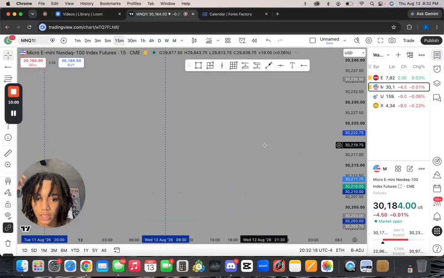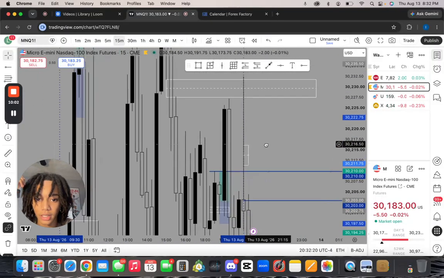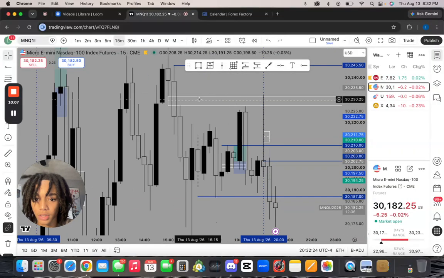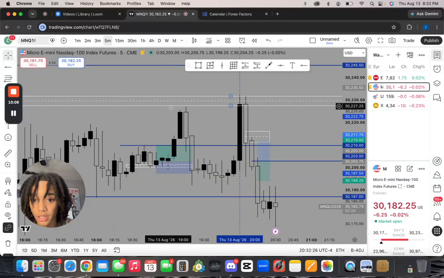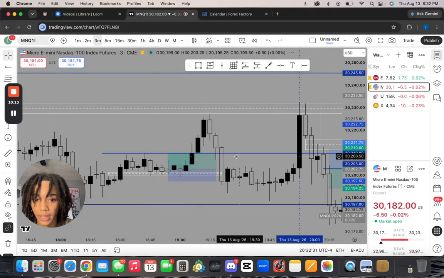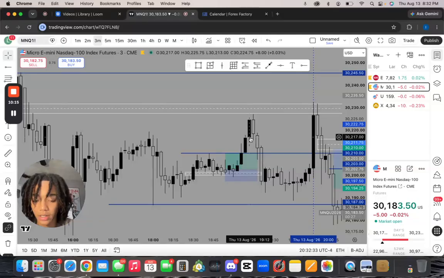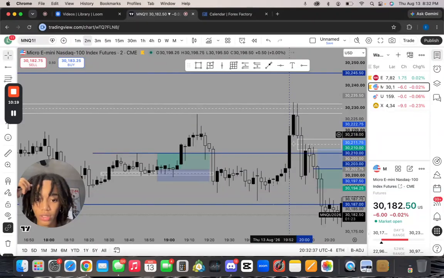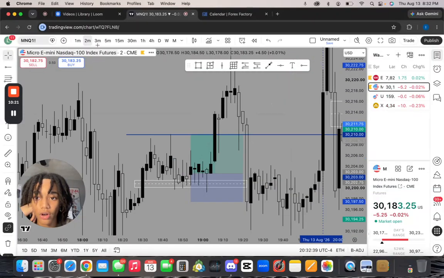We just came up here and respected our 15-minute fair value gap up here. It wasn't drawn out at first. We respected it on the 5-minute, 3-minute, everything. So this right here was price continuing to fail to go lower on basically 4 of the lower time frames.